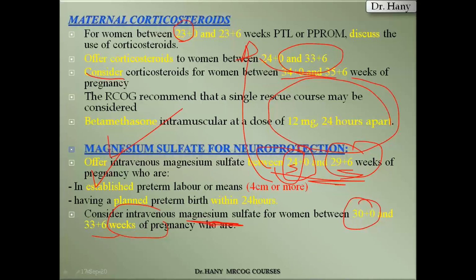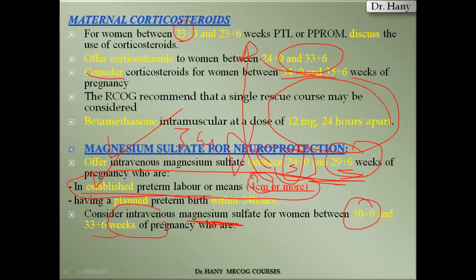What will be the indication, or what are the points to offer in the exam? The woman should be in established preterm labor. What is the definition of established preterm labor? It means she is 4 centimeters or more. So if in the exam it says 3 centimeters, no magnesium sulfate.